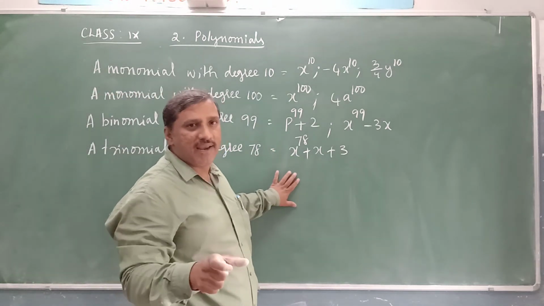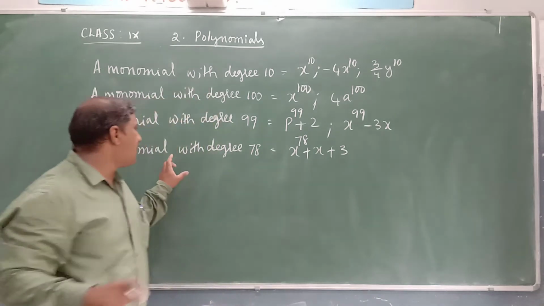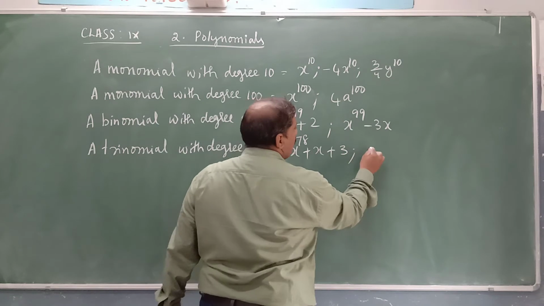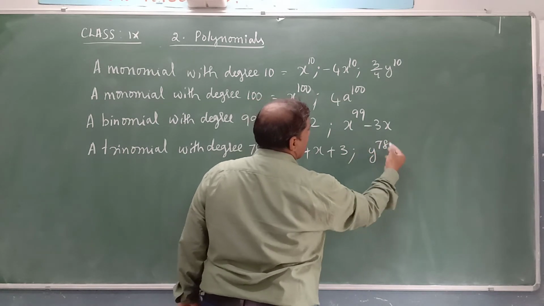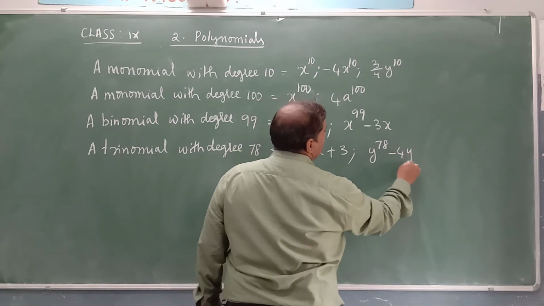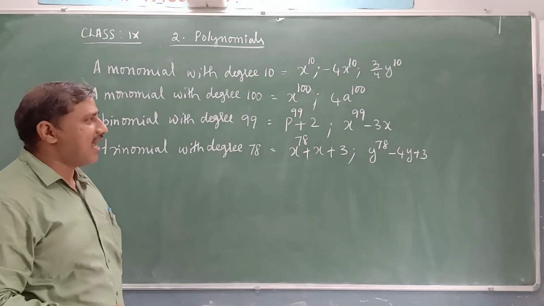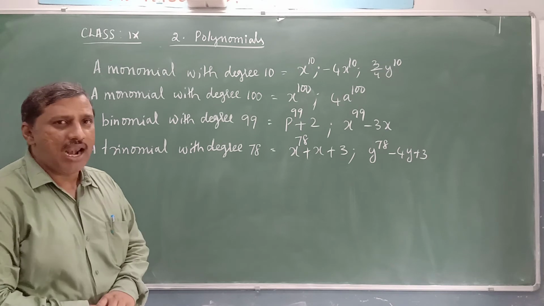Write a trinomial, but see that the highest power should be 78. You can write one more: y to the power of 78 minus 4y plus 3. It is a trinomial with degree 78. Is that clear, children? Yeah.